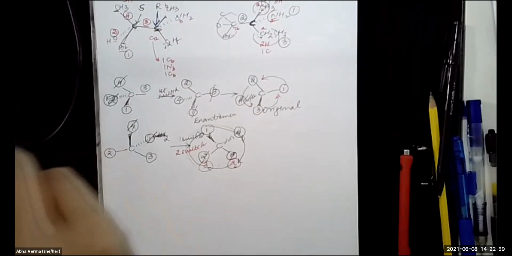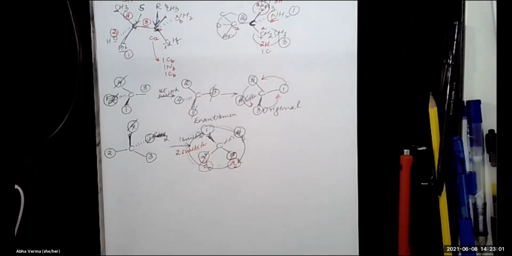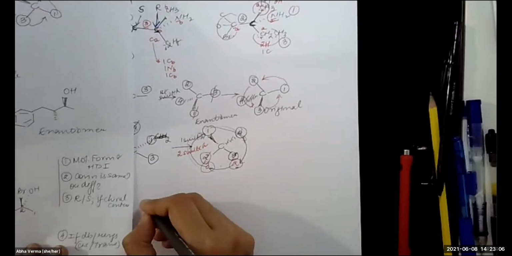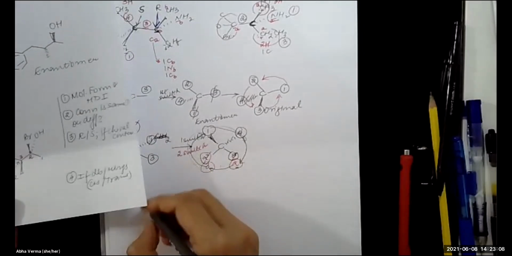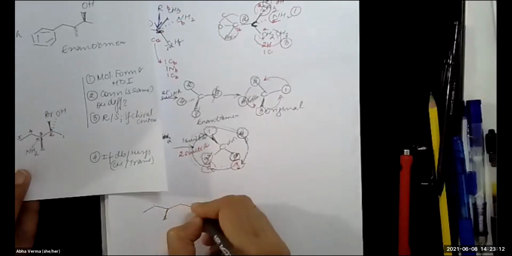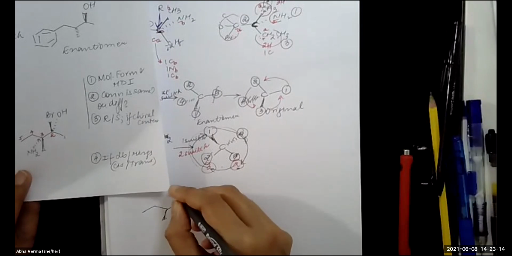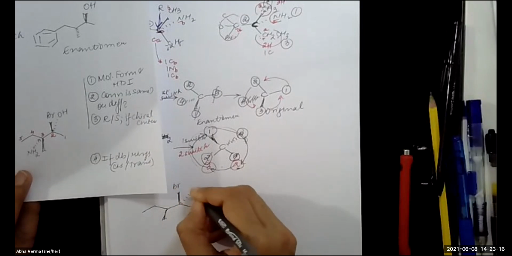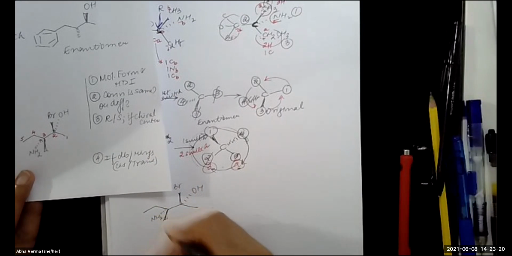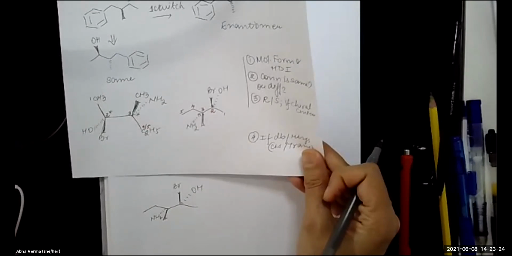Now with this information, let me draw the other molecule also. And though it looks like a different shape, you don't have to be scared. I'm going to copy it. Here, OH, NH2. Okay, it's exactly the same that I have here.